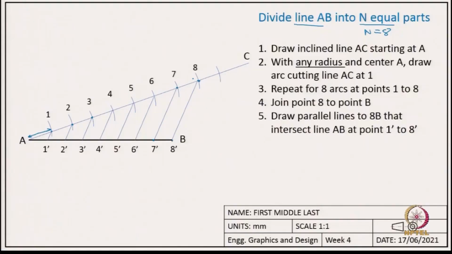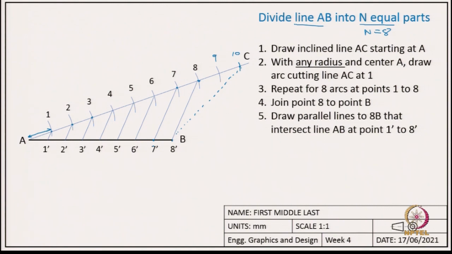For example, if you want to make it 10 equal parts, then you continue till 9 and 10 and then join this point 10 with B. So, for example, I am drawing it with a dotted line, and then what you do is you draw lines parallel to this line B10, and then you will be getting 10 equal parts of this line AB.